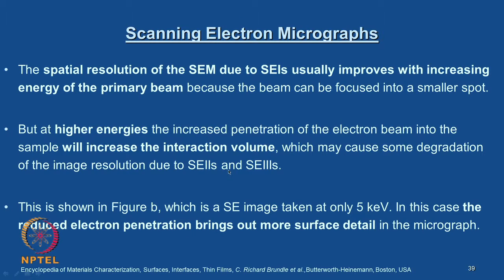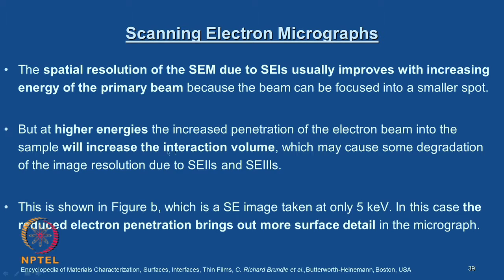Now, we will just summarize what we have just looked at in the previous slide. The spatial resolution of the SEM due to SE1 usually improves with increasing energy of the primary beam, because the beam can be focused into a smaller spot. But at higher energies, the increased penetration of the electron beam into the sample will increase the interaction volume.